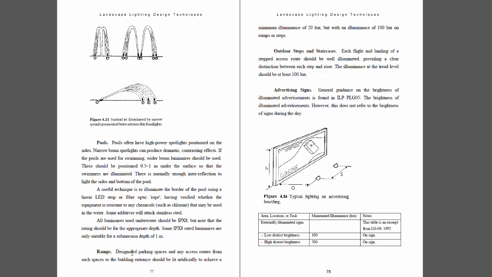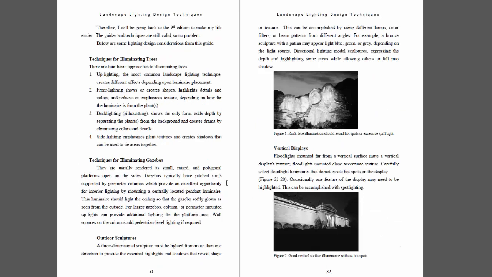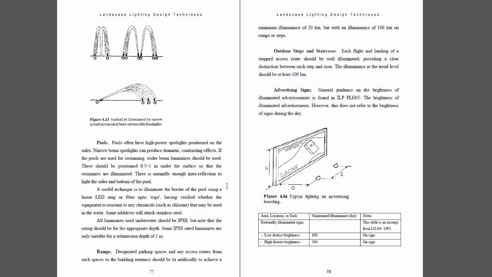There are also requirements for ramps, which is 20 lux, but with an illuminance of 100 lux on ramps up. So the minimum is 20 lux, and on the ramps it is 100 lux. There are also outdoor steps and stairs requirements, advertising signage if there is, and what else? Yeah, so that's it for SLL.